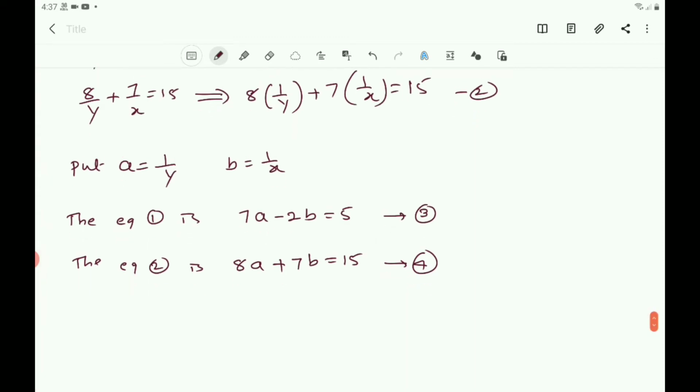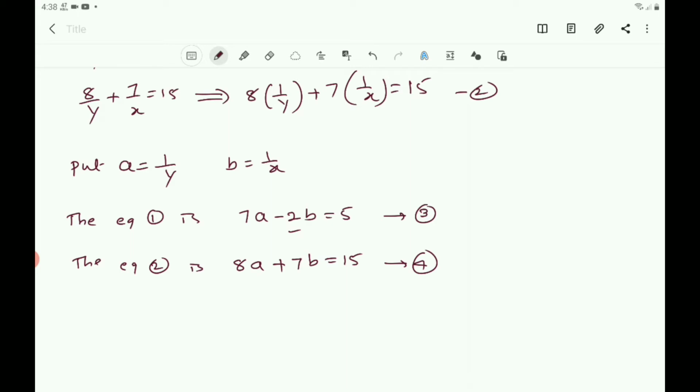To eliminate b, take the LCM of 2 and 7, which is 14. So you must convert the coefficient of b to 14. To get 14, 2 must be multiplied by 7 and 7 must be multiplied by 2.